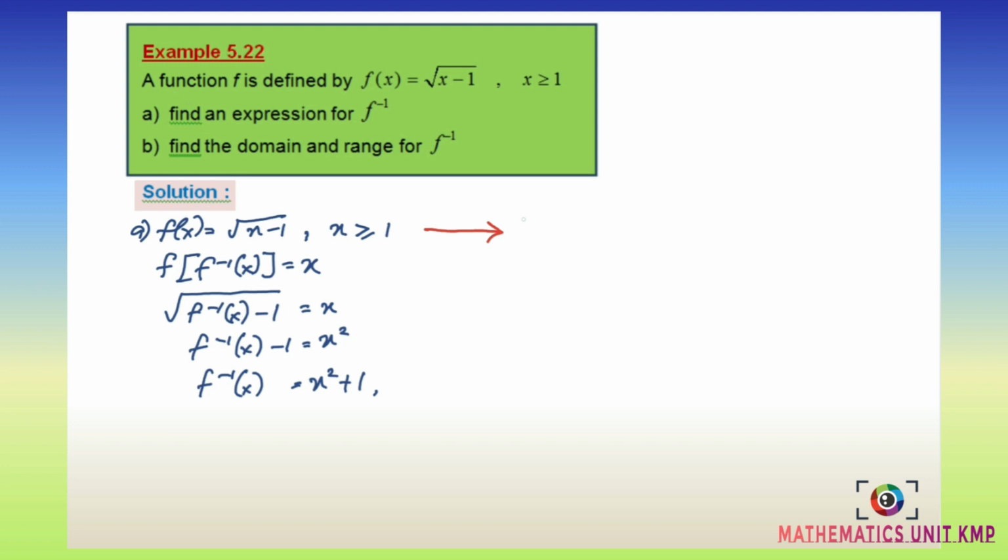That means f(x) is the square root of 1 minus 1 equals 0. Therefore, f(x) is greater than or equal to 0. So f inverse equals x squared plus 1 and x greater than or equal to 0, with y switched to x.